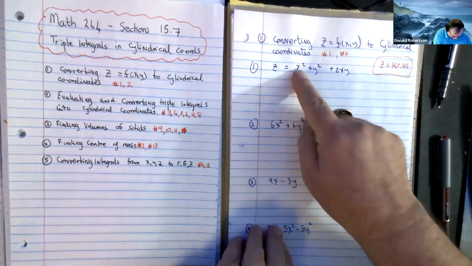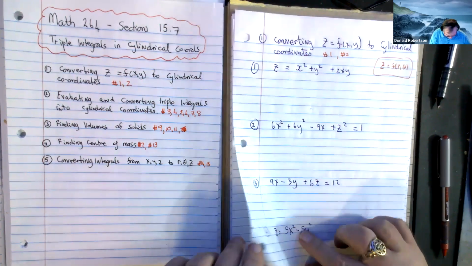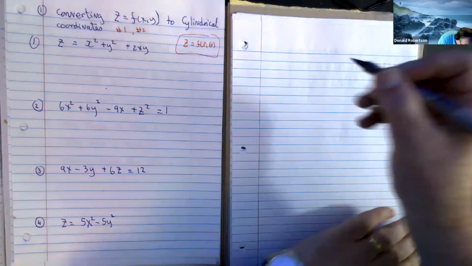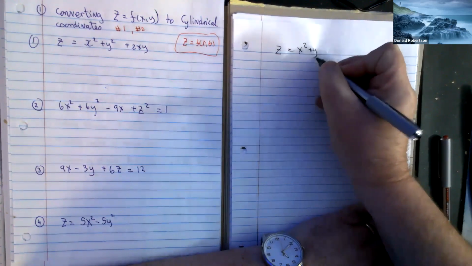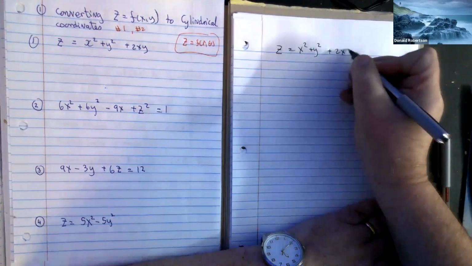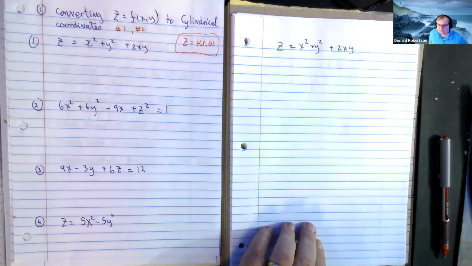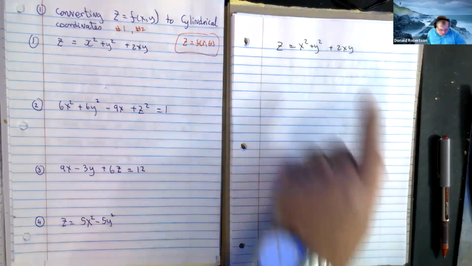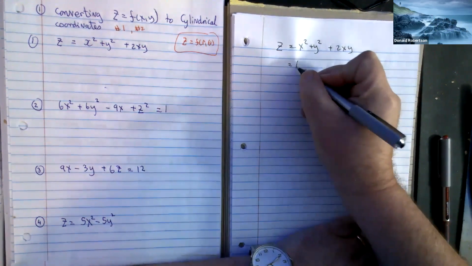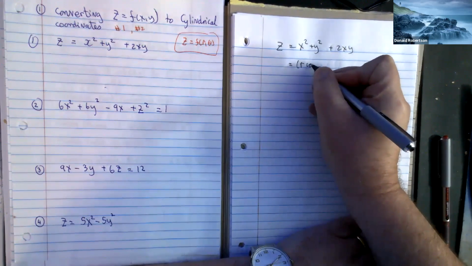Okay, so there's my first, second, there's my third and fourth one. I'll start with the first one. z equals x squared plus y squared plus 2xy. Now, when we convert the x and the y, we replace them. Well, the x gets replaced by r cos theta.